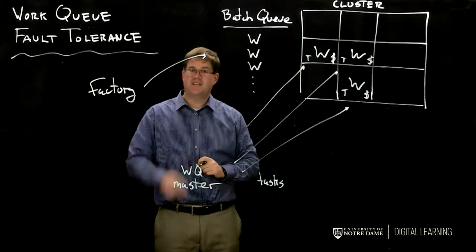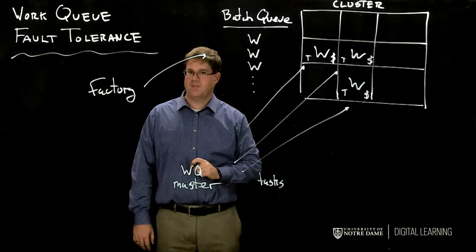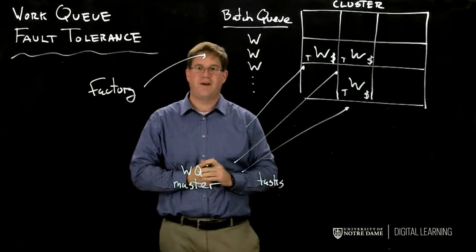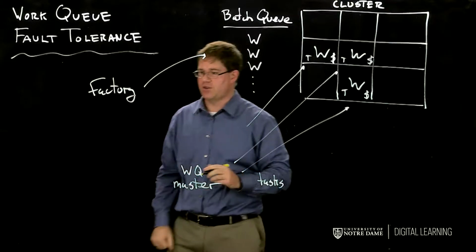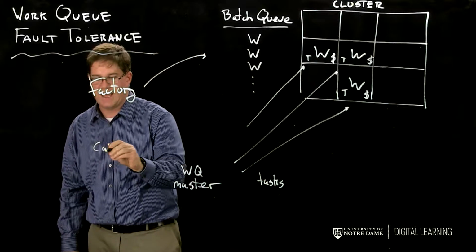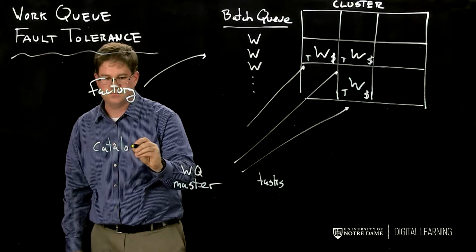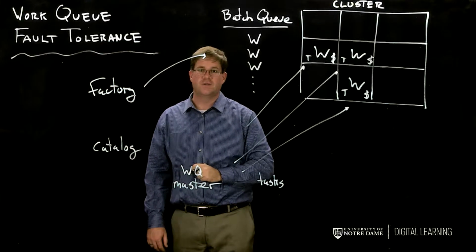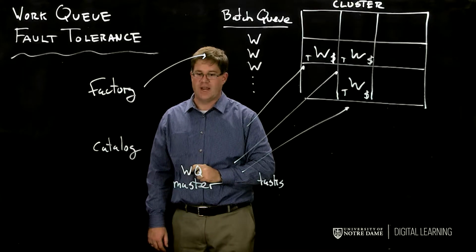Now there's one other piece that we haven't talked about yet, and that is how do these workers know how to find this master? Turns out there's one other piece I haven't talked with you about yet, which is called the catalog. And the catalog is a service used to help pieces discover each other in the network.